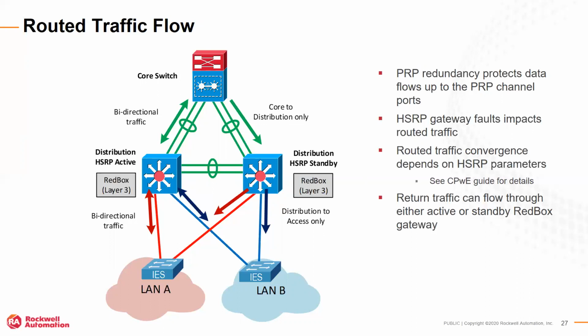Although the CPwE has resiliency built all throughout its architecture, even with redundant switches there is some convergence time associated with a CPwE network. And so, to understand that, any devices that you need to be connected on the network with zero convergence time need to be inside the PRP cloud, or inside the PRP architecture.